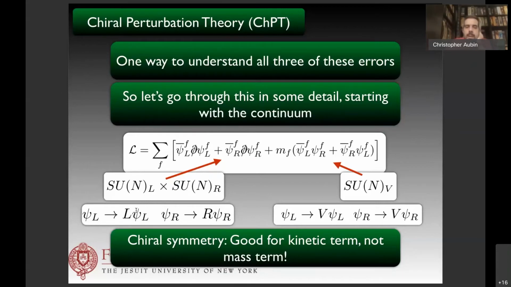L and R on the left-hand side over here are different, they need not be the same. These two terms are invariant under this chiral symmetry. This is called a chiral symmetry because it's talking about the left-handedness and right-handedness of the symmetry. The latter two terms involve the quark mass, and they mix left and right-handed components.